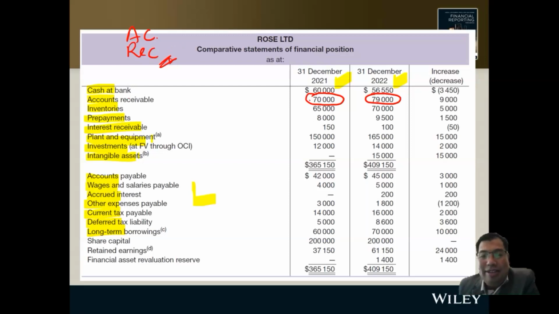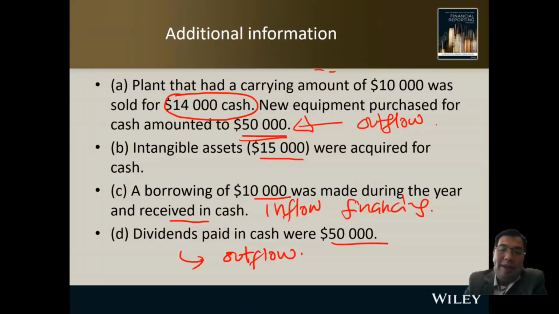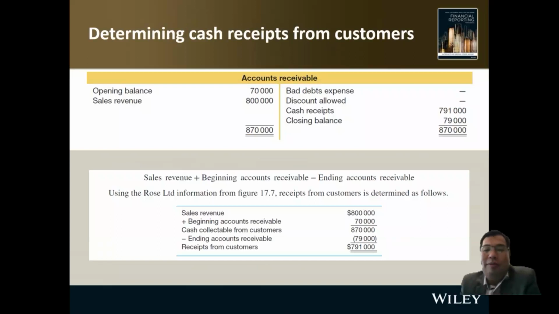So an increase in account receivable means less cash received, less cash received from the 800,000. Even though your sale is 800,000, it does not mean you receive 800,000.